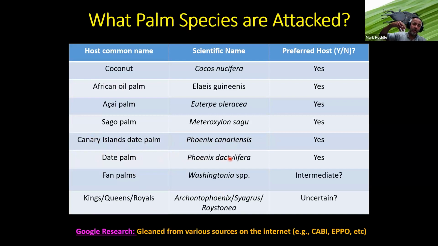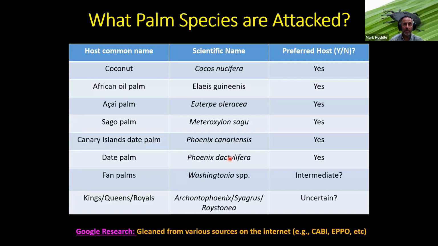If we compare the invasion of South American palm weevil to the red palm weevil invasion in the Mediterranean and the Middle East, that red palm weevil follows the Canary Island date palms, wipes them out, and then once it gets up against that urban ag interface, those Canary Island date palms act as massive breeding incubators for red palm weevil, and then they start pushing into those date palms.